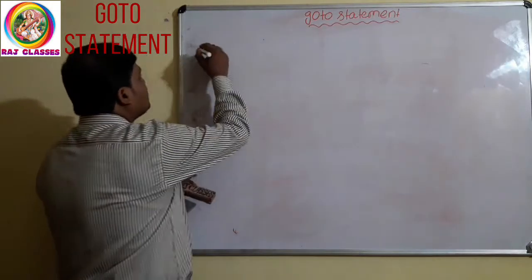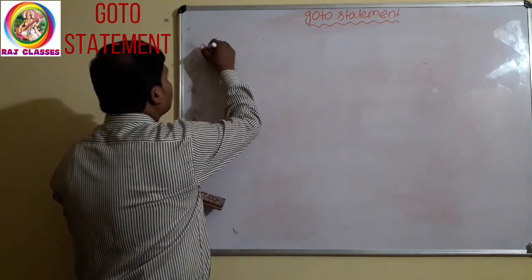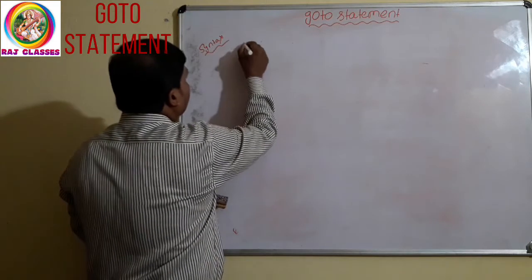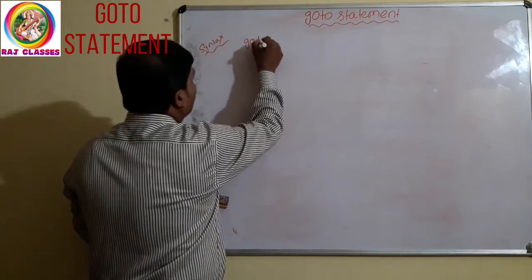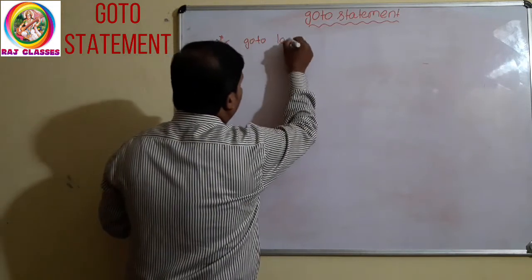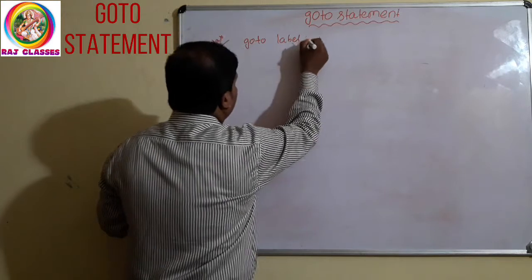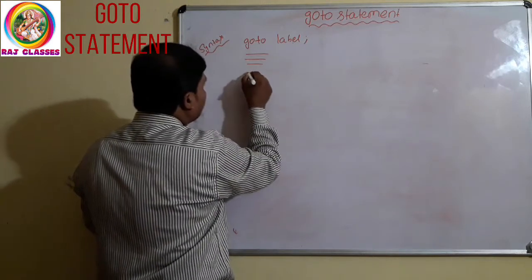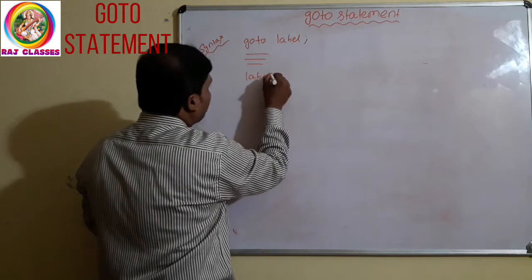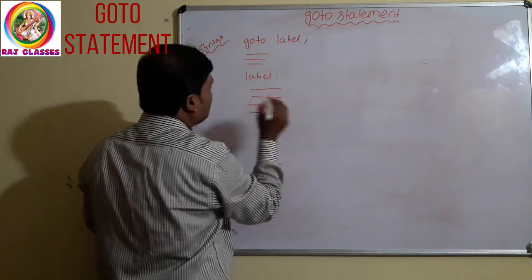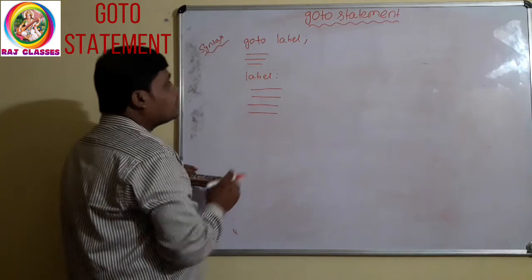Just see the syntax of the goto statement. This is goto, this is label, semicolon, some statements are there, then this is label, colon, and some statements also are there. Clear?